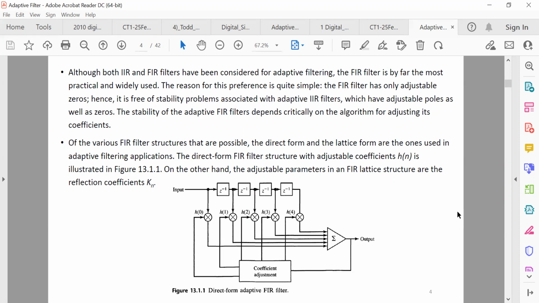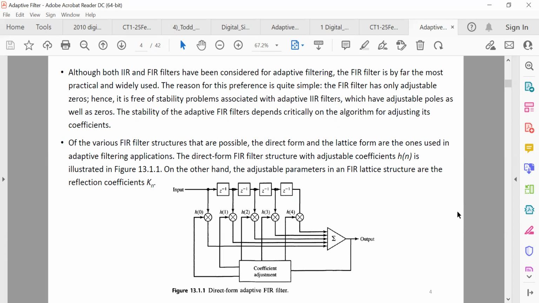FIR has got finite zeros and is implementable, and thereby FIR filters are more convenient to use as the type of filter in adaptive filters. So FIR filters are normally used, the finite impulse response filters.